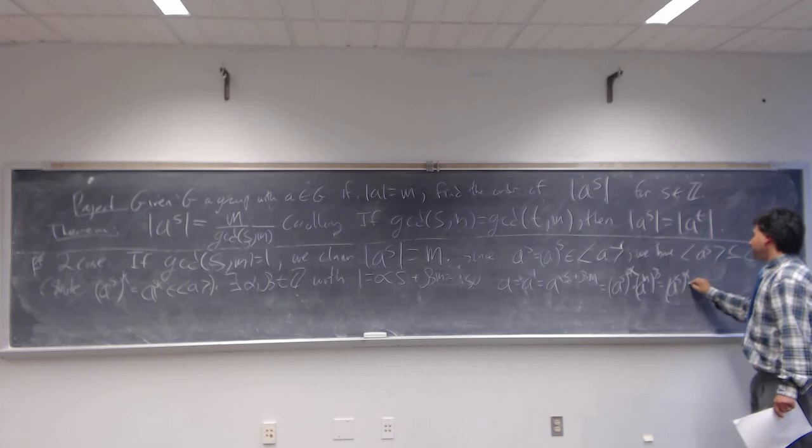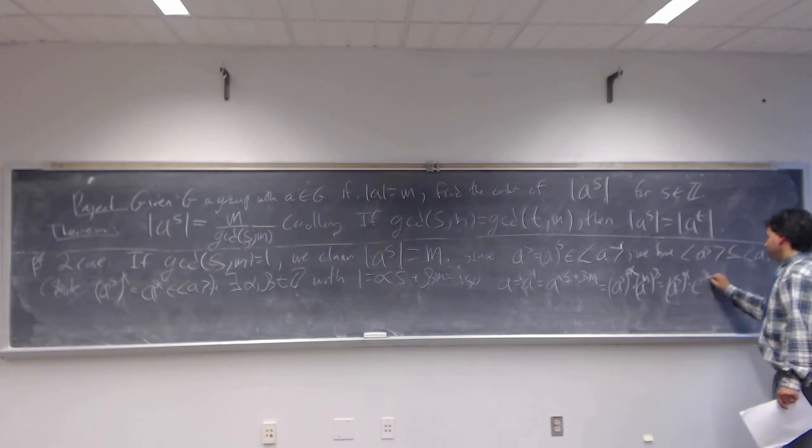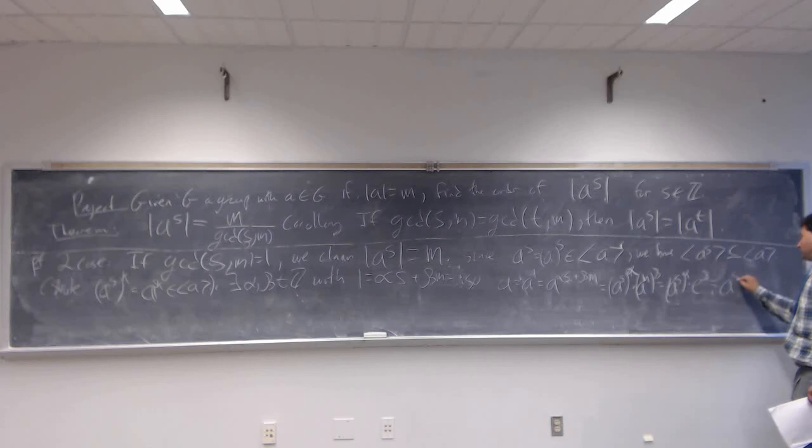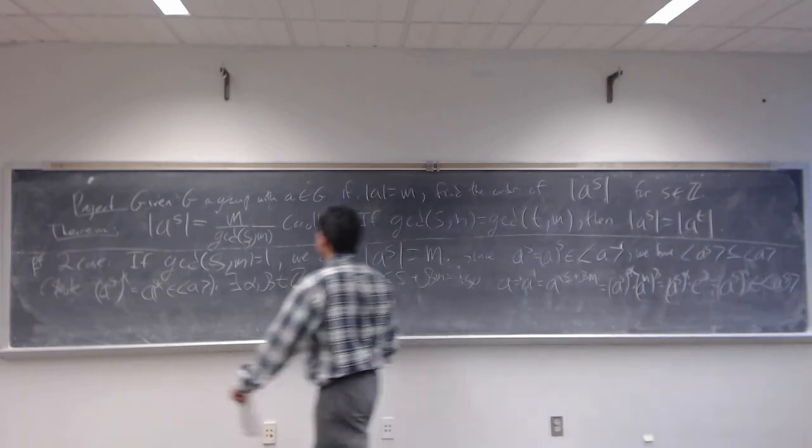So this is A to the S to the alpha, and A to the S raised to the alpha is in the cyclic subgroup generated by A to the S because it's A to the S raised to some integer. And that's how that set was defined, right? It's all integer powers of that.